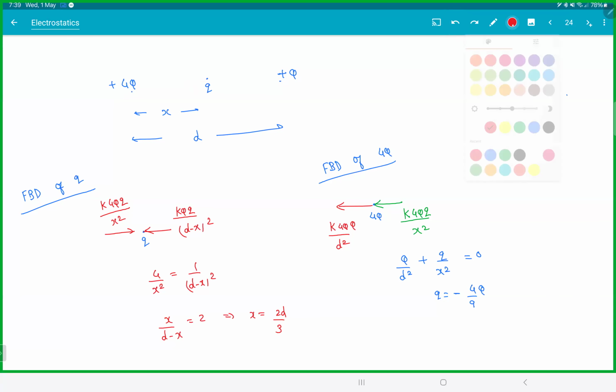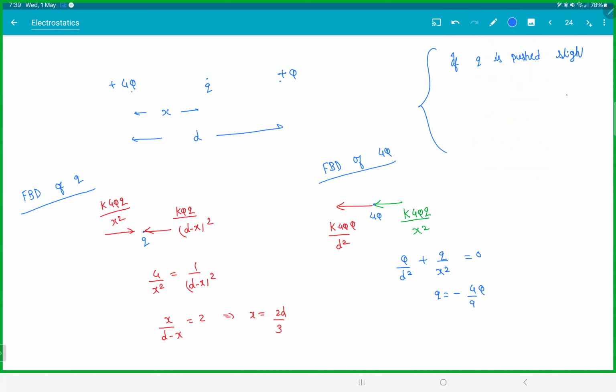So we can write that thing here. If q is pushed slightly towards 4q, it gets attracted by 4q more strongly compared to plus q.